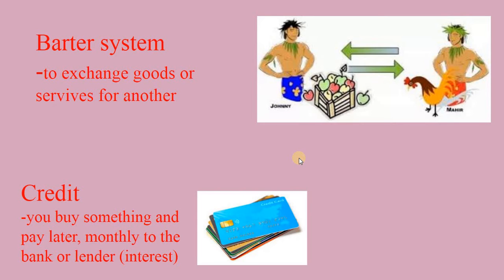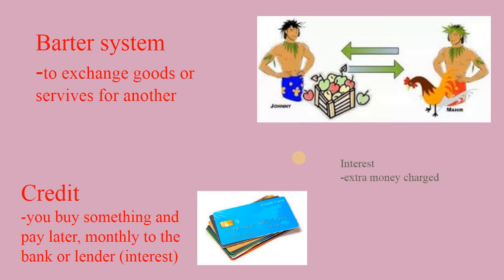Or credit. Credit is something the bank or a lender gives you where you buy something and you promise to pay them later. It's either monthly or weekly, in most cases monthly, but you pay them back with interest.